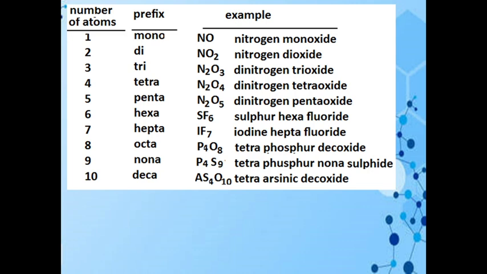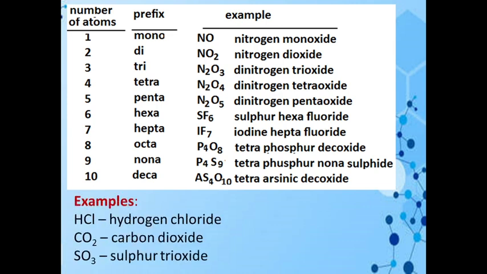Then last, we have 4 arsenic and 10 oxygen, so it is tetraarsenic decoxide. These are other examples: hydrogen chloride, carbon dioxide, and sulfur trioxide. Hydrogen chloride is composed of 1 hydrogen and 1 chlorine. Carbon dioxide has 1 carbon and 2 oxygen. Sulfur trioxide has 1 sulfur and 3 oxygen.